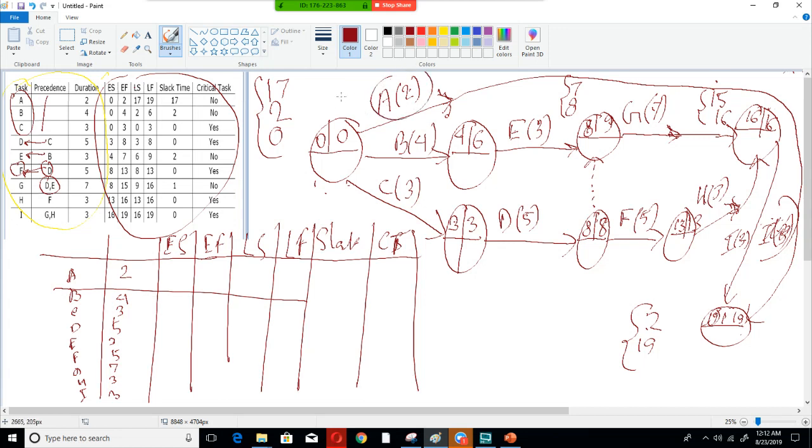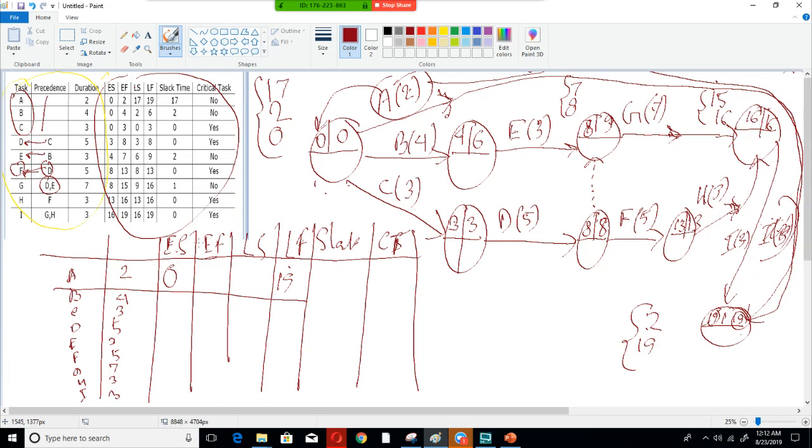I'll first find out the early start and the late finish. So the early start for A will be this value, 0. And the late finish for A will be all the way here, the next state's second value, so 19. After I have the early start and the late finish, I can calculate the early finish.